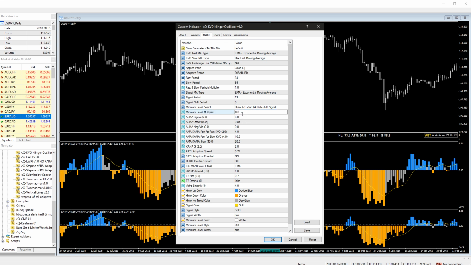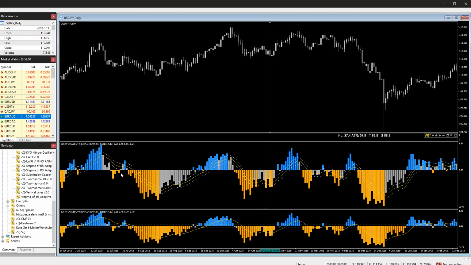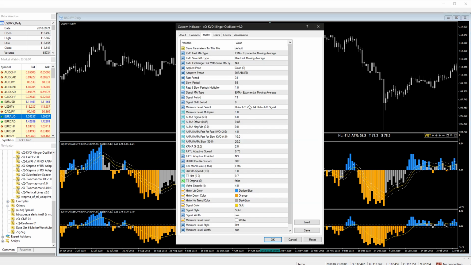And if I set that to 1, as you can see now, it got rid of that one. For the up, that is the 0 level. For the down, this is the 0 level. And then the next one is the histogram above or below the 0 level, and the signal has to be above or below the 0 level.